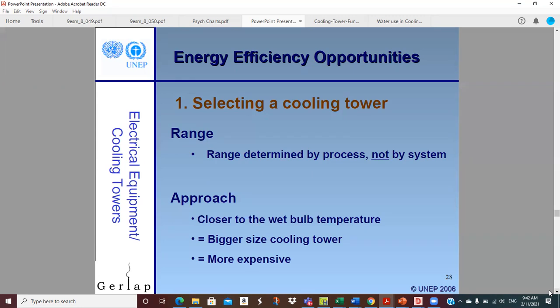So standard numbers are 10, 12, but for industrial applications, I've seen 20. It just depends on your process. So the range is determined, and the flow rate is really determined by the process.